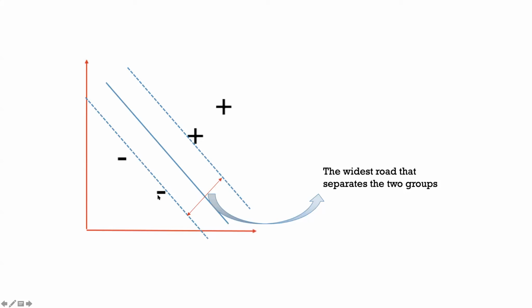Please keep in mind that in this example, we are assuming that our classes are separable, okay? They are easily separable in these examples. And so we will try to find that line, and the rule is the widest road that separates these two groups. Now we will call this road the margin.